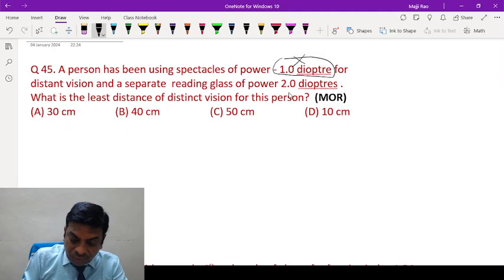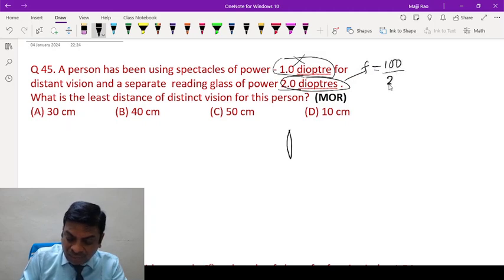Now, for this, you see, there's a convex lens of focal length. We can find the focal length as 100 upon power in diopters. You will get it in centimeters. So this is 50 centimeters.